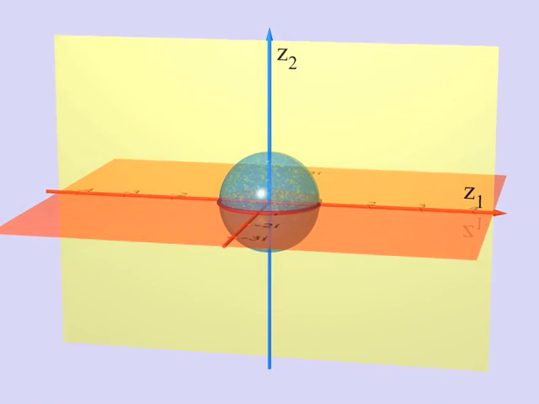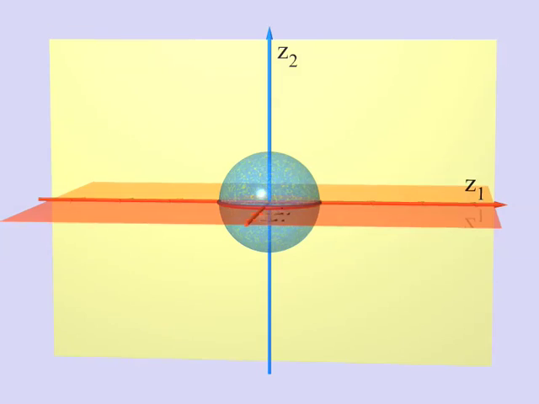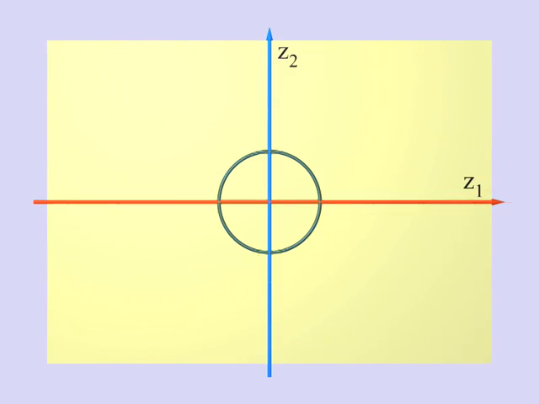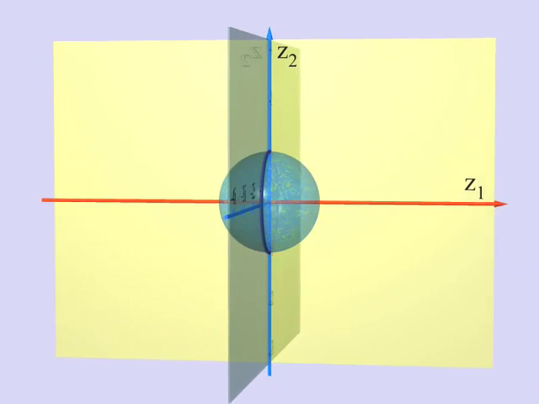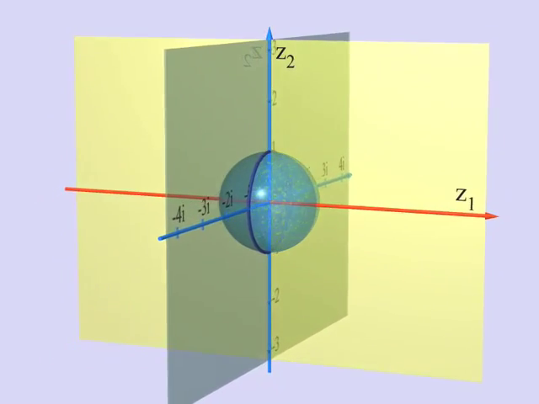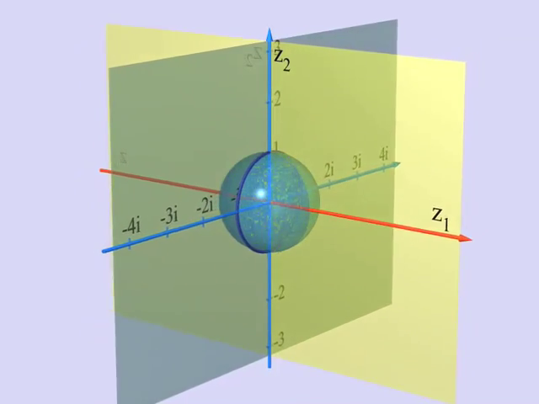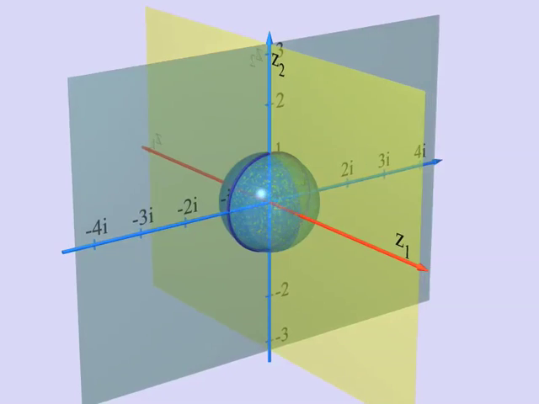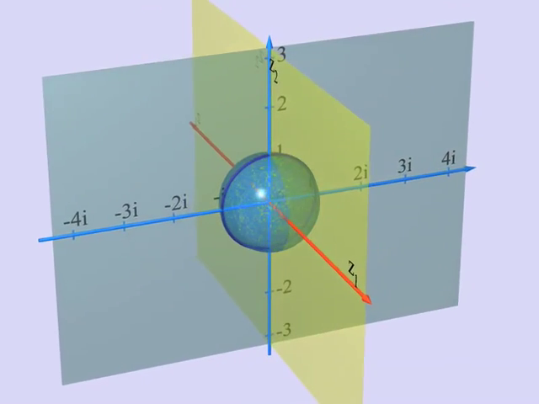You see, the three-sphere intersects the first axis in a circle. The same is true for the second axis, which intersects the three-sphere in a circle as well, the blue circle.